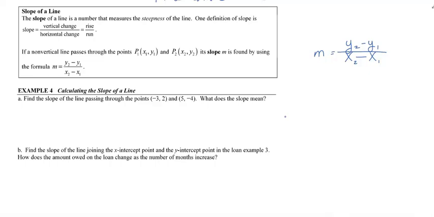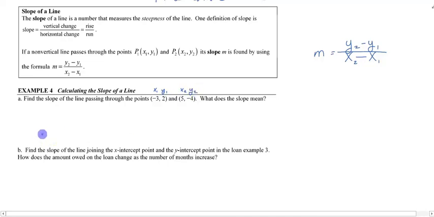And let's try this with example 4, calculating the slope of a line. Find the slope of the line passing through the points (-3, 2) and (5, -4), and what does the slope mean? So we can label this x of the first point, y of the first point, x of the second point, y of the second point.